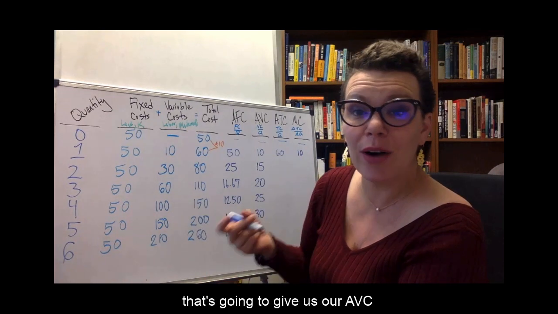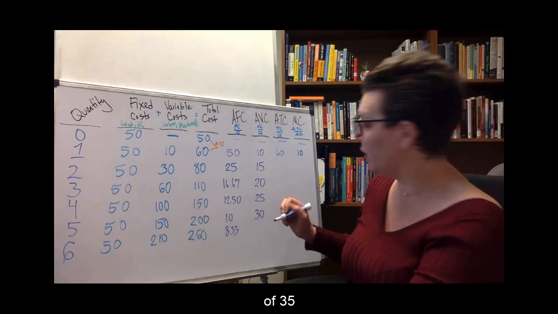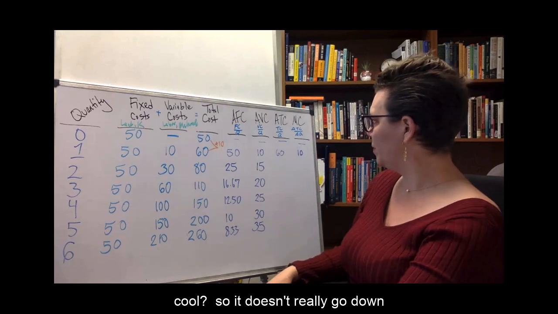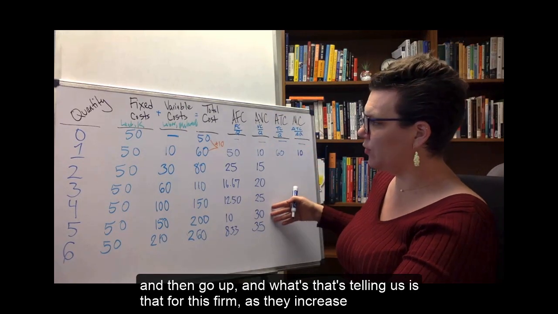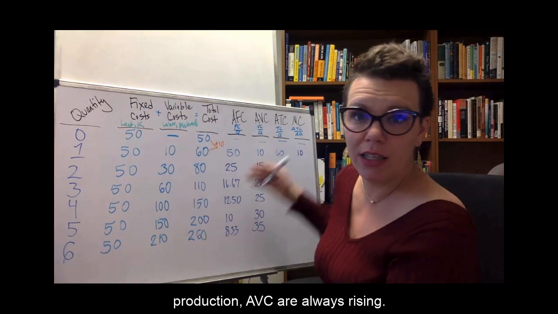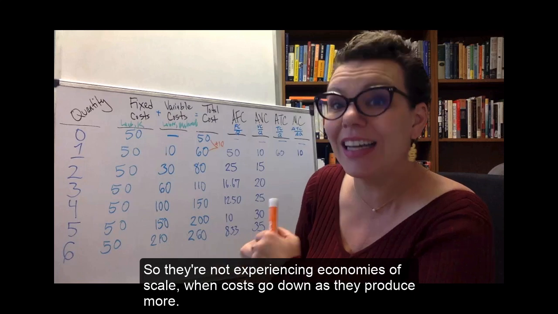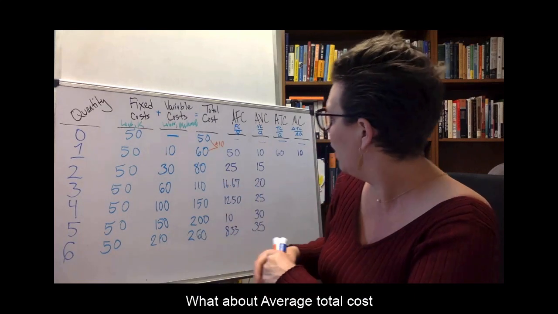That's going to give us our average variable cost of 35. Cool? So it doesn't really go down and then go up. So what this is telling us is that for this firm, as they increase production, average variable costs are always rising. So they're not experiencing economies of scale when the costs go down as they produce more.